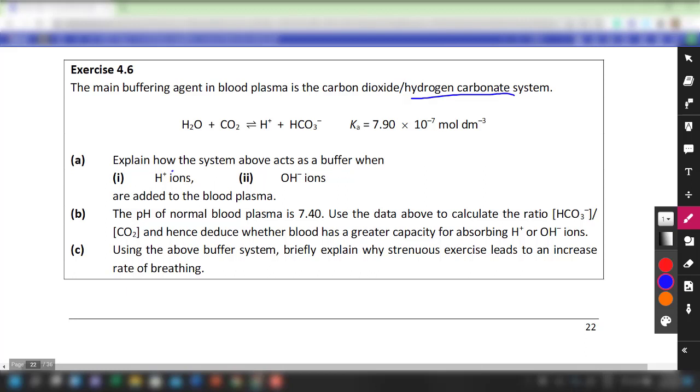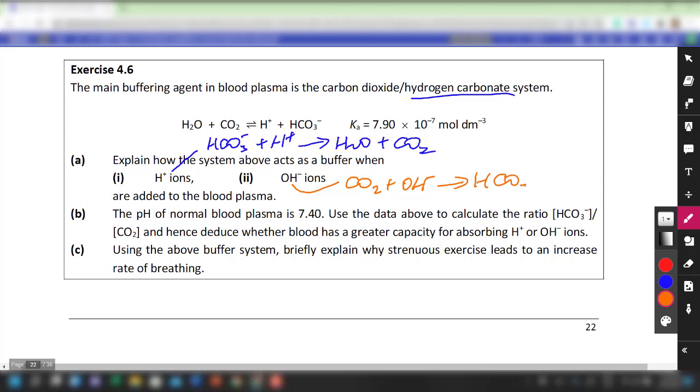When H plus is added, you expect the hydrogen carbonate to react with the H plus, and in the process it gives you H2O and CO2. And when OH minus is added, you expect the CO2 to react with the OH minus, and in the course of the reaction you obtain hydrogen carbonate.